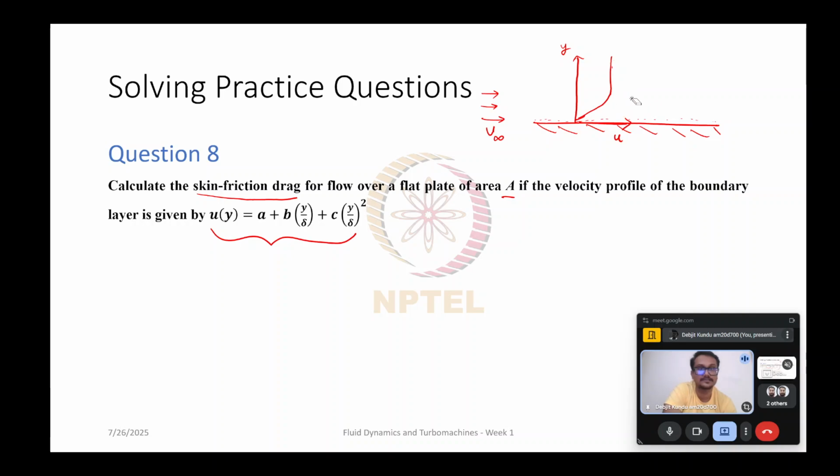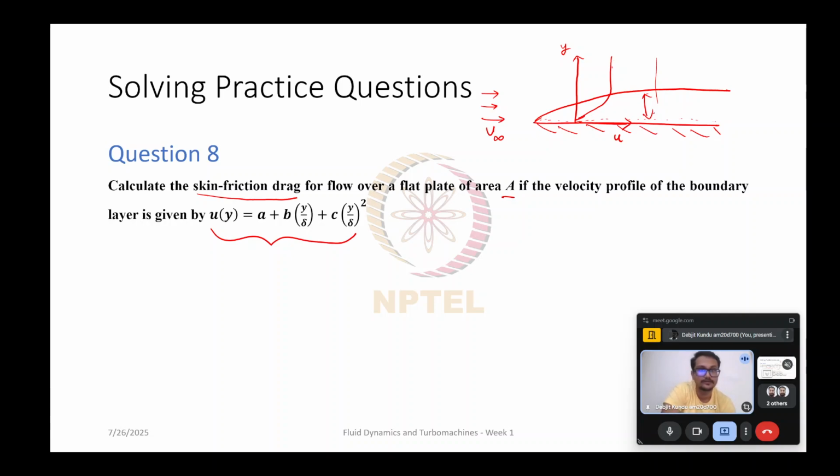If you imagine, there would be one boundary layer over here, one boundary layer over here, and so on. At every x location, there will be a boundary layer, and the thickness of that boundary layer grows like this. So it increases. So this is what the boundary layer is. Maybe we'll go through boundary layer in one of the later lectures, but it's not there in week one.